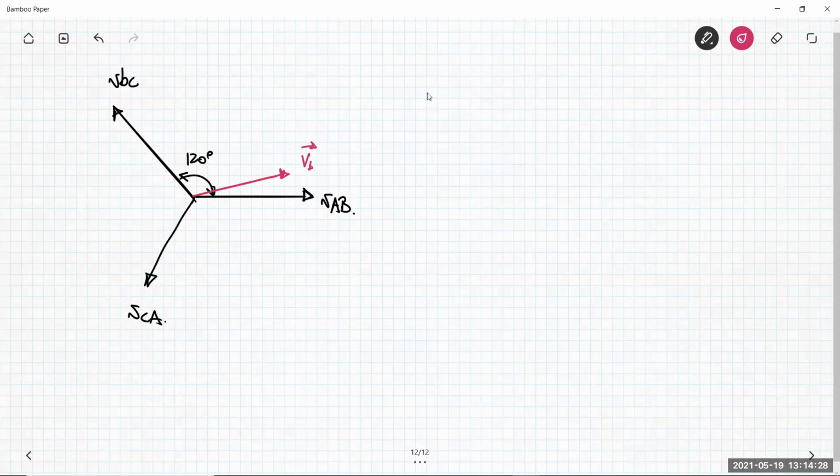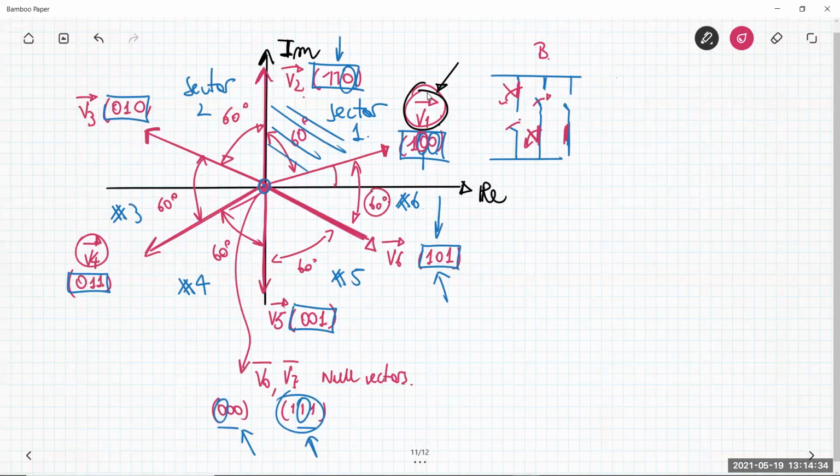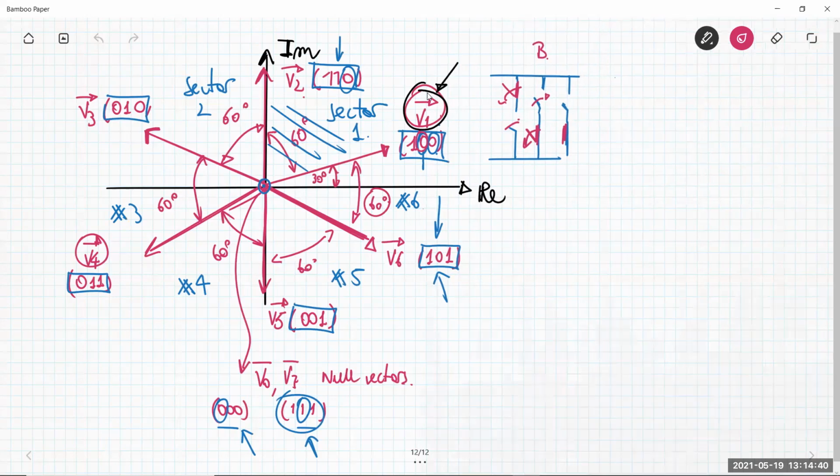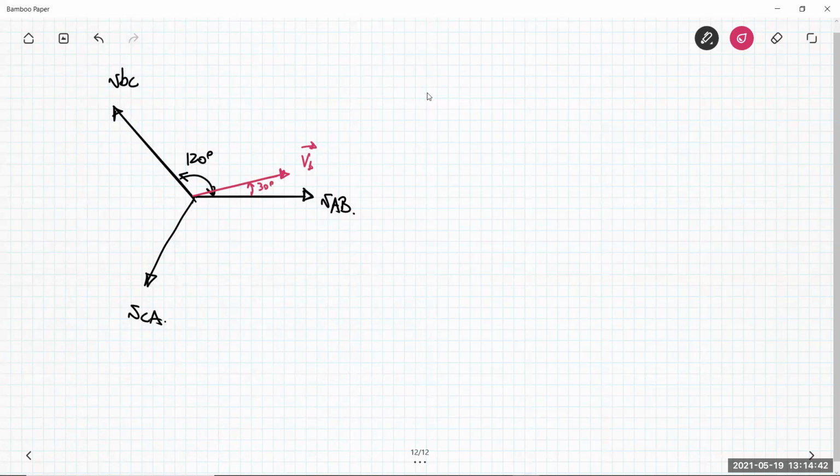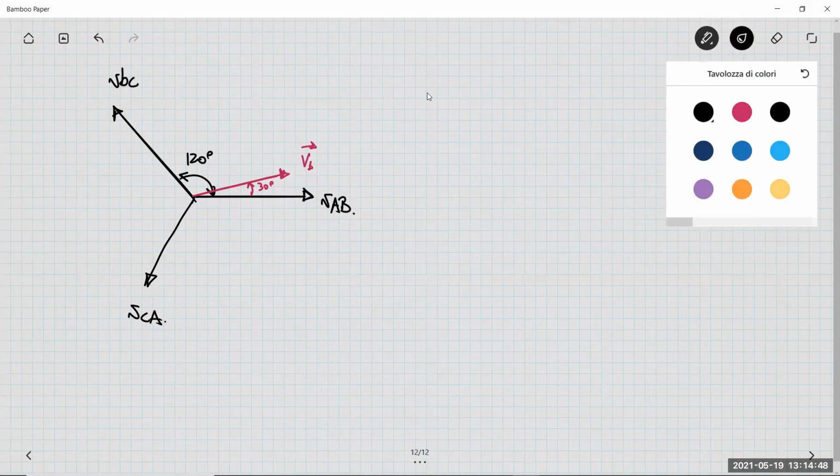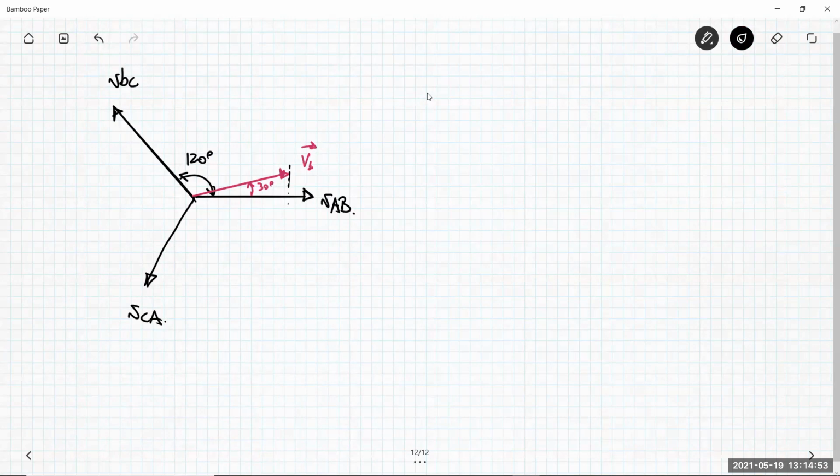And then also this angle here, which is 30 degrees. So I put this vector in this other plane. And let's consider what happens to the projection of this vector on this coordinate axis, VAB, VBC, etc. So we have this vector here, which is the projection of V1 onto VAB.